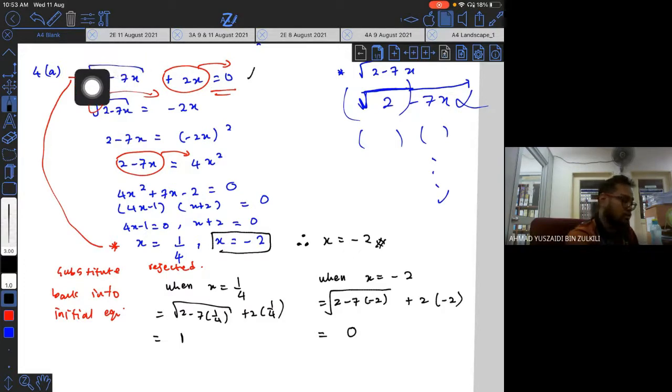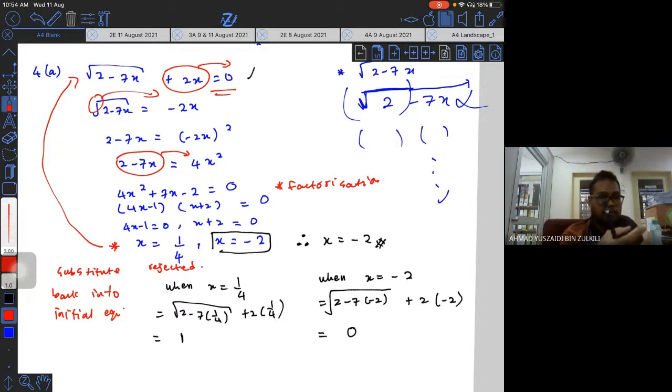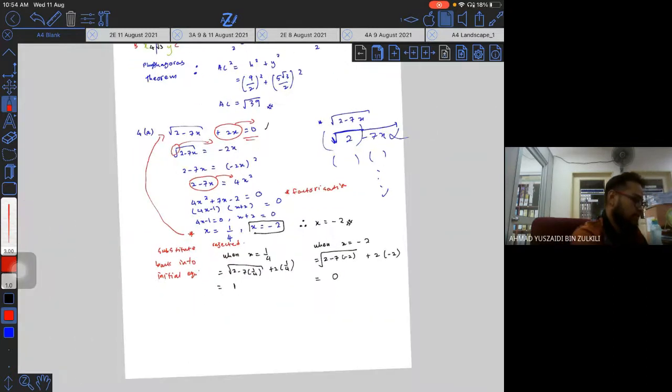So every time you do factorization, make sure when you get the value of x, you substitute it back into the initial equation. See if it satisfies the condition of the equation. Equal to 0 or not? Okay, this part is simple.